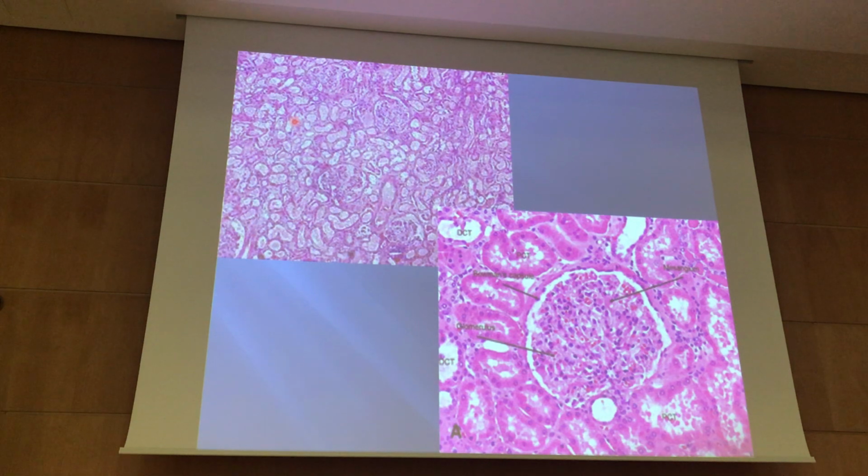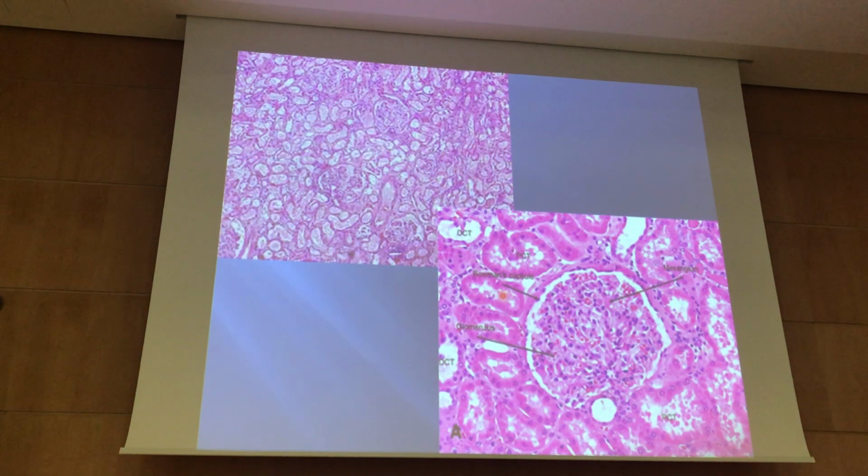And in between the tubules, we have interstitium. Remember, if you are looking at a normal kidney, you will hardly see interstitium. The tubules are attached to each other so tightly that you hardly see interstitium in between.